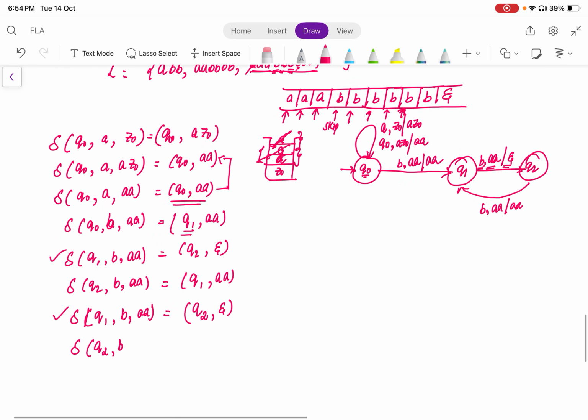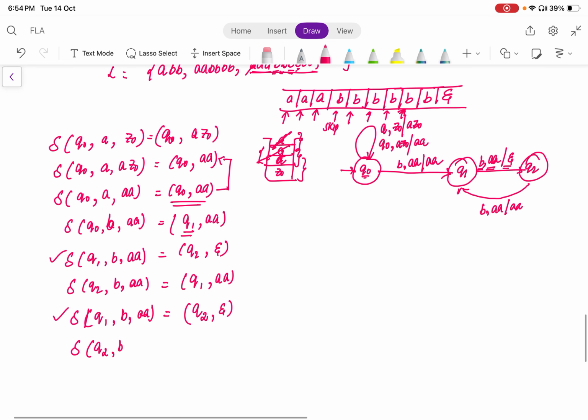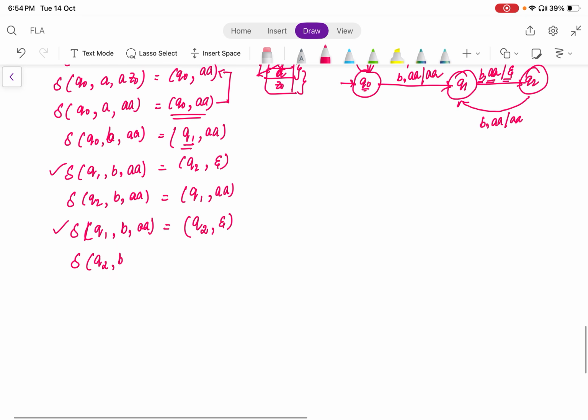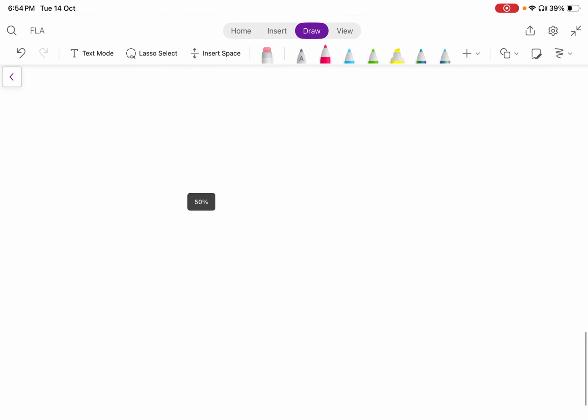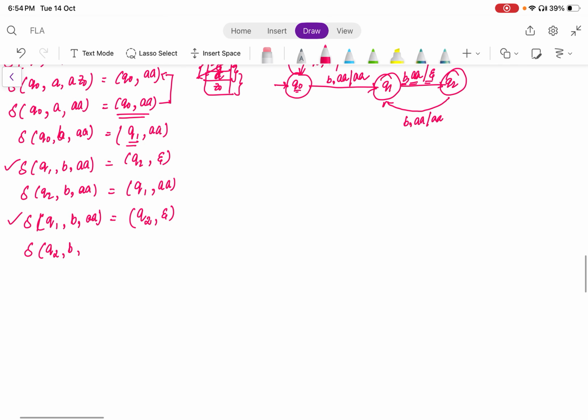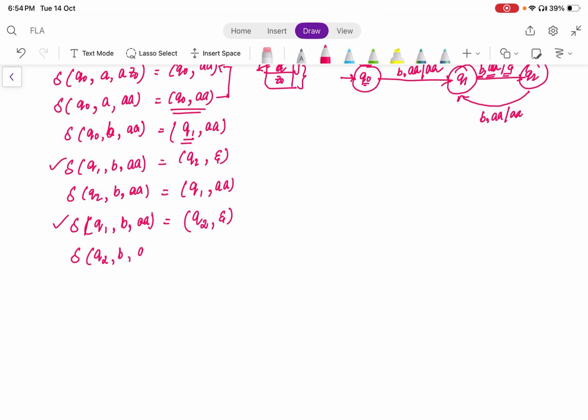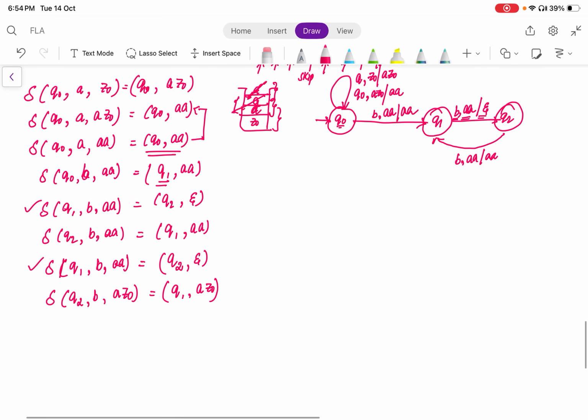You have the fifth B, you have popped one A. So now the stack state is A Z naught. Okay, what is the skip state? Q1 is your skip or read state and your state remains the same. Q1 comma A Z naught.